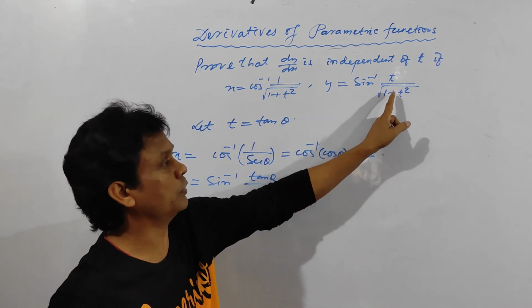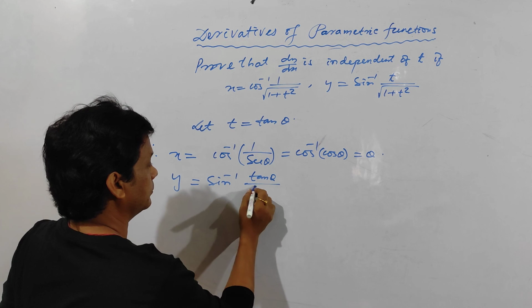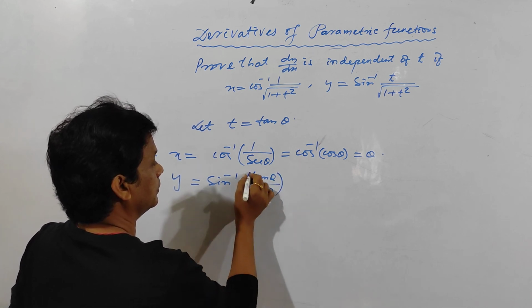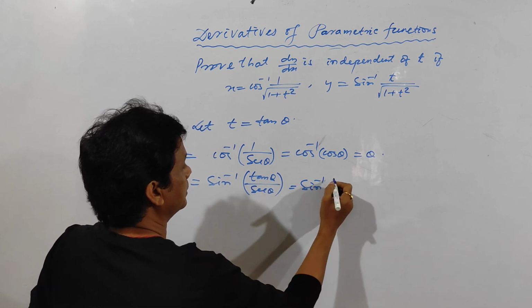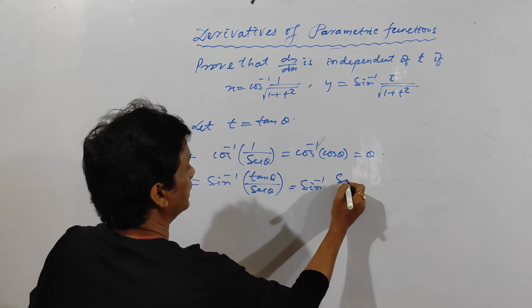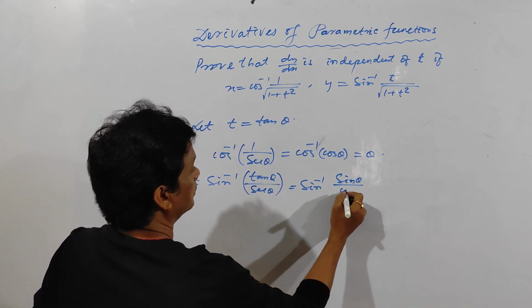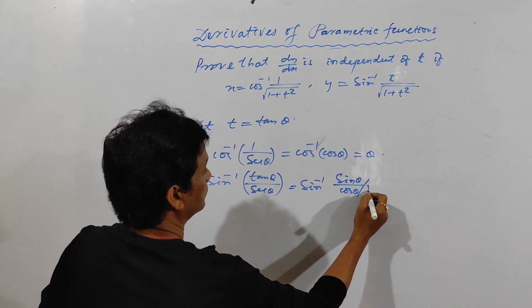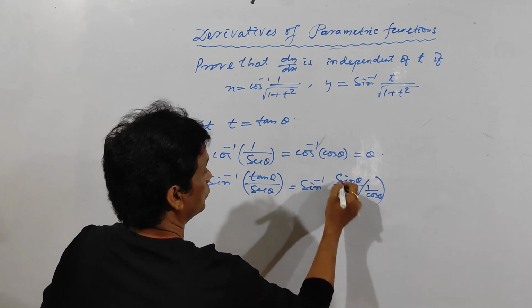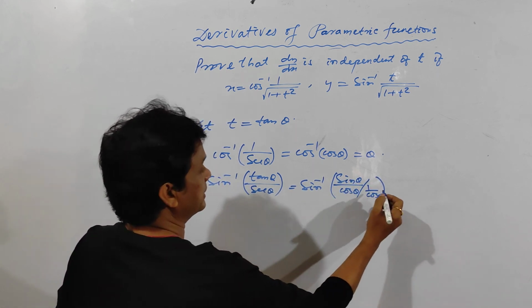Here, second case, y is equal to sin inverse of t, that is tan theta divided by root over 1 plus tan square theta. It is sec theta. Clear? So it is equal to sin inverse. This one is tan theta is sin theta by cos theta, and sec theta is 1 by cos theta. So cos theta cancels out, remains sin theta.